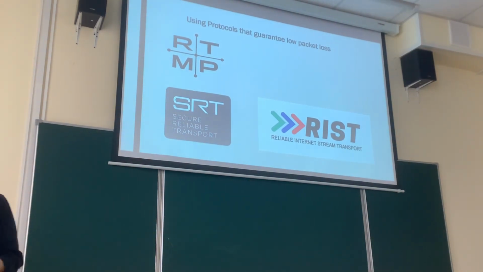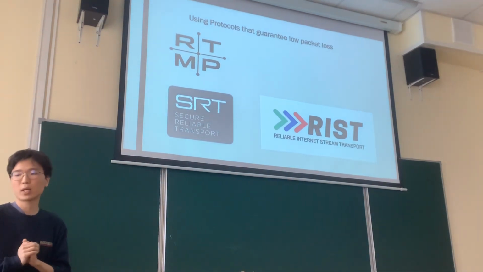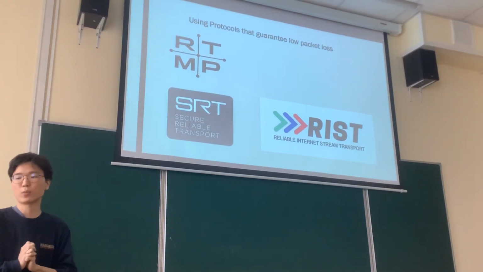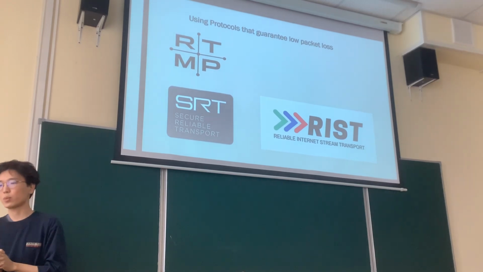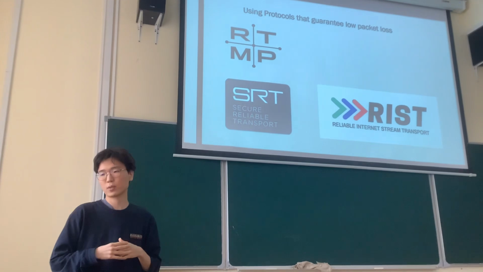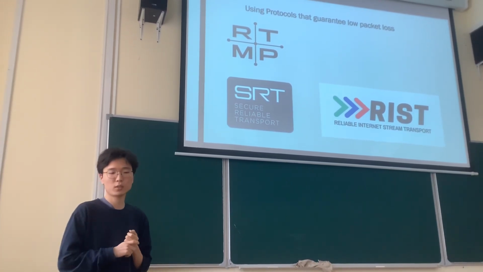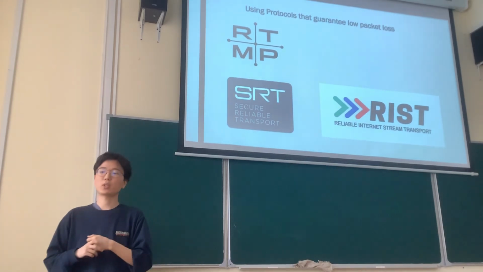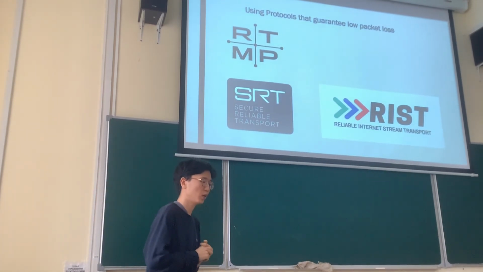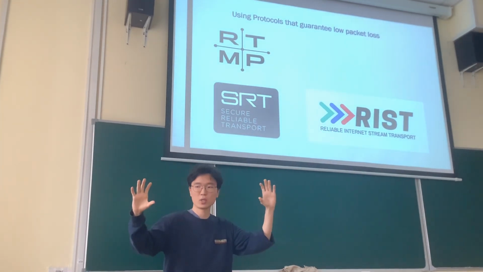SRT and RIST have a lot of things in common, but RIST provides some advantages, like support of IPv6, the Internet Protocol version 6. It also supports packet filtering, and it supports multicasting. What is multicasting? Multicasting is when there is one sender and a lot of receivers.